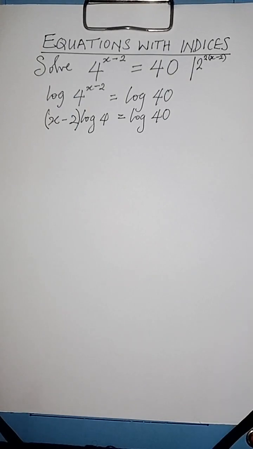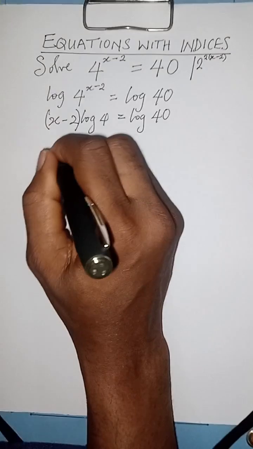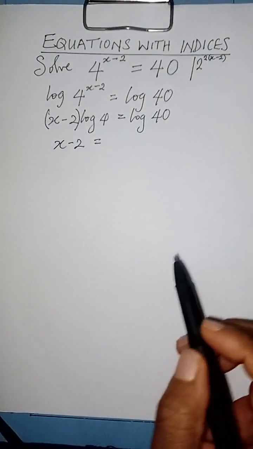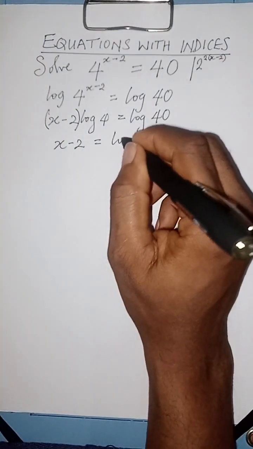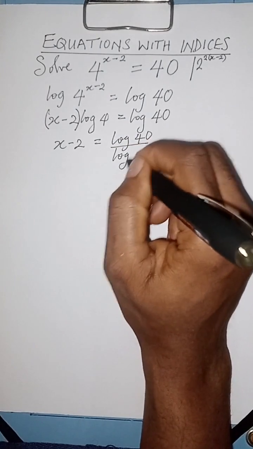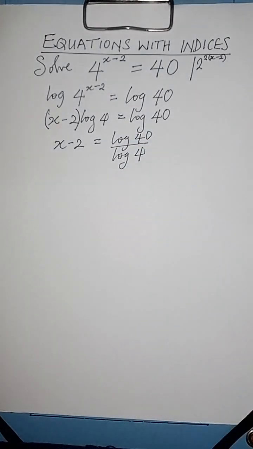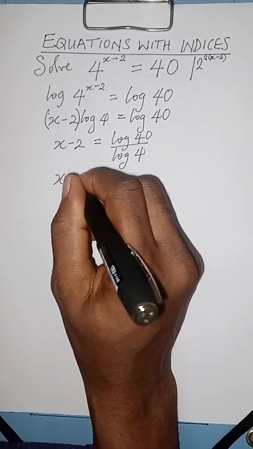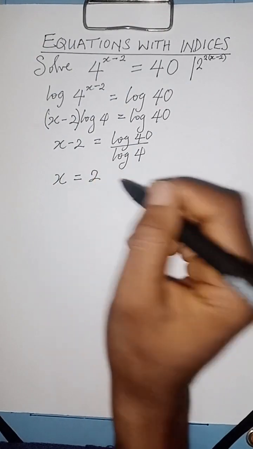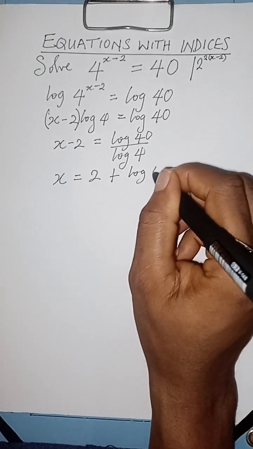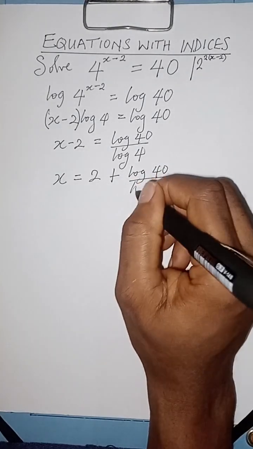Now, what is the next step? You see, x minus 2 can be on its own, and you divide both sides by log 4. And so you have log 40 divide log 4. You can decide to take the minus 2 to your right hand side of the equation, so it becomes positive 2 plus log 40 divide log 4.